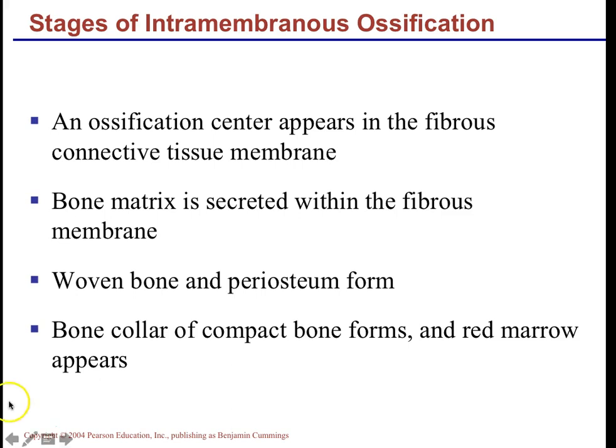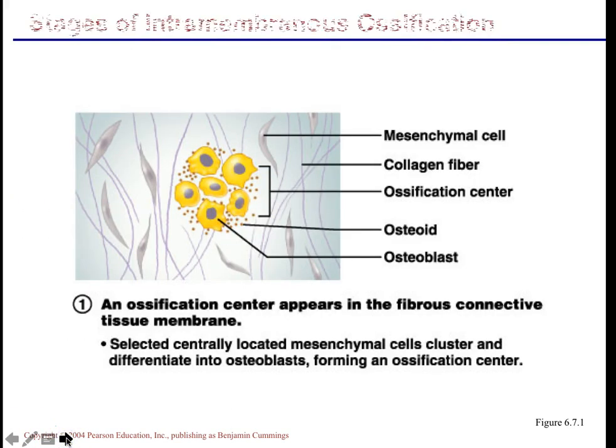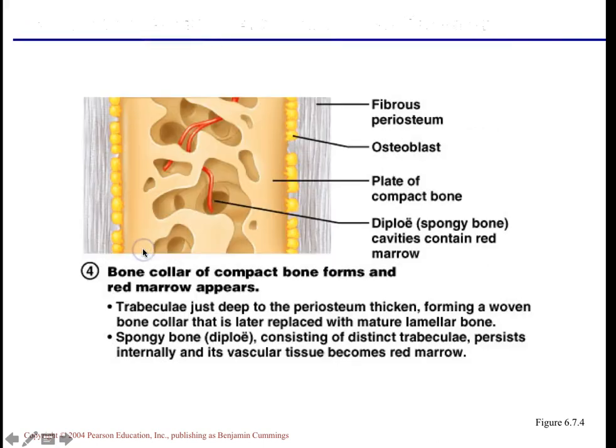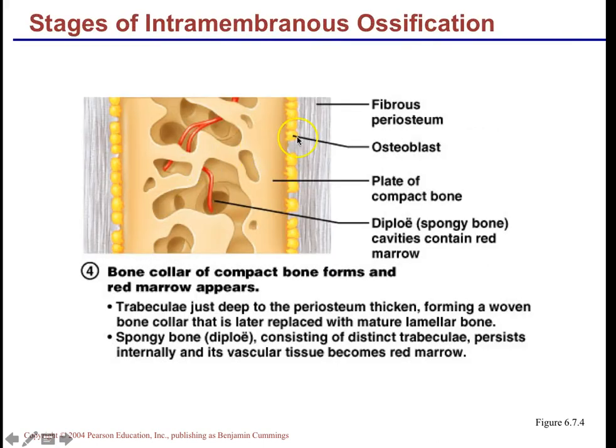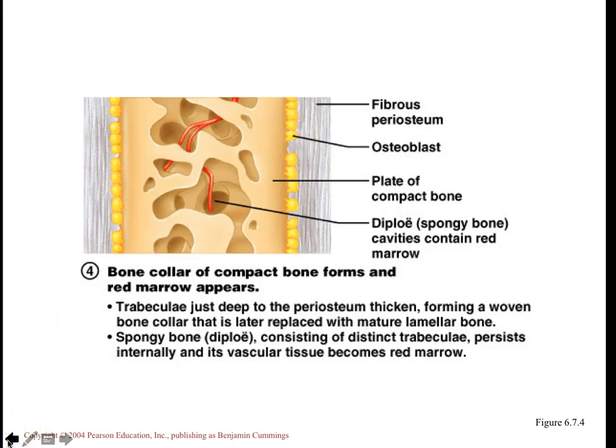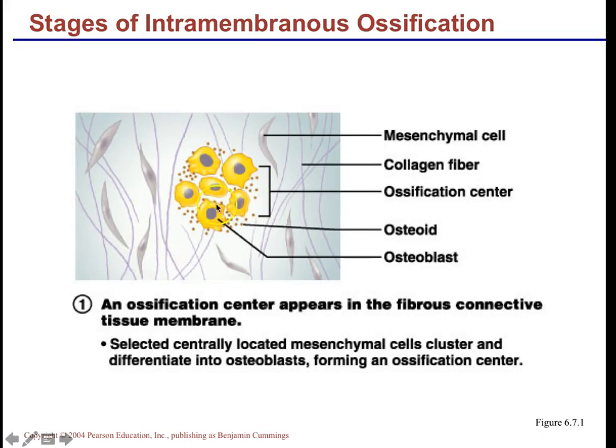And so for flat bone, here we go. See these gray looking cells here and here and here? They are embryonic cells that are called mesenchyme, or mesenchymal cells.